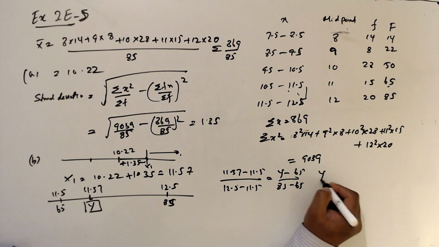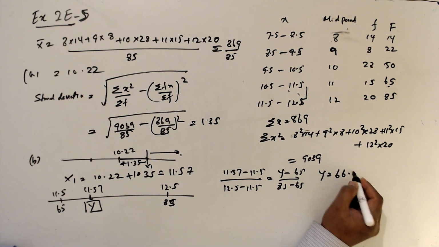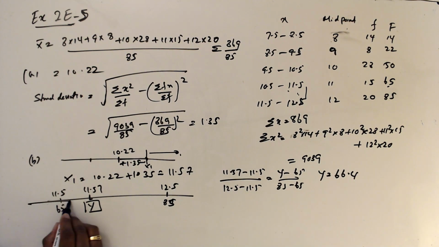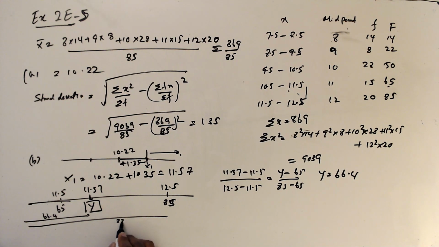So you'll get y as 66.4. So from here to here, 66.4, and the whole distance is 85.